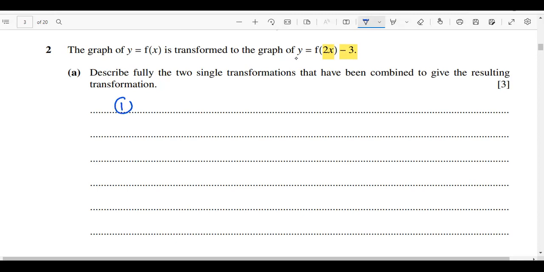I've told you earlier as well, whenever we are multiplying something, what is happening? It would be a stretch. First, you need to name the transformation, then talk about it. Stretch by, sorry?